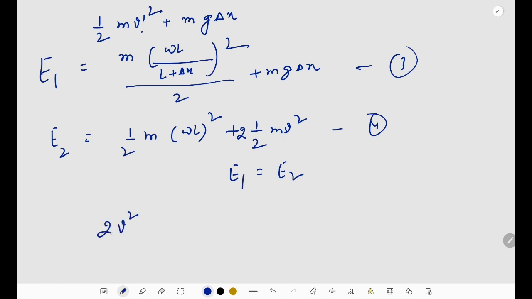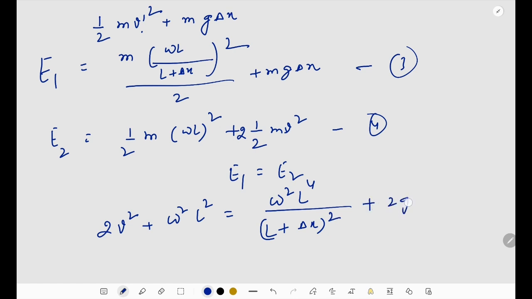I'm going to write 2v square, m will get cancelled out, and this half 2 will be half. So I can put it here. I think this equation can be written as 2v square omega square L square equals omega square L raised to 4 divided by L plus delta x square plus 2g delta x.